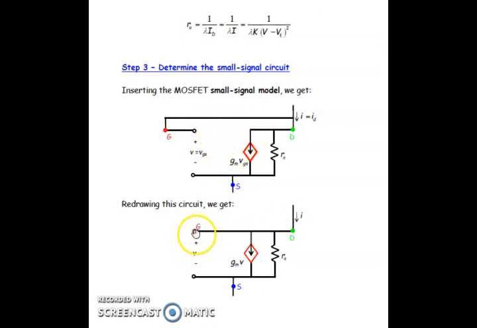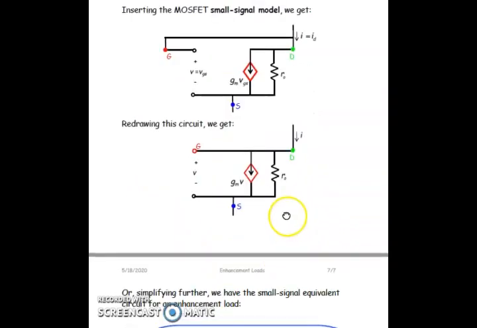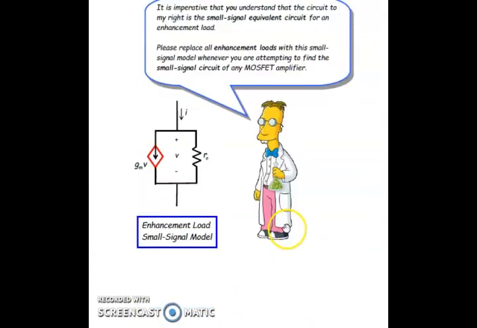That's the reason we are shorting gate and drain, and the current is flowing from drain to source. Now if I simplify this and rewrite the equation, it is going to resemble this. It all boils down to one point: the enhancement load MOSFET is behaving like a simple current source with an internal resistance, and that internal resistance can be written as small r0. So this is how I can model my enhancement load MOSFET.